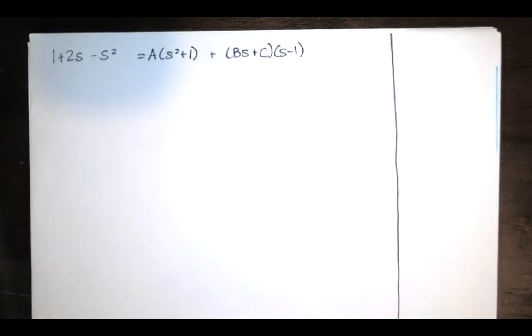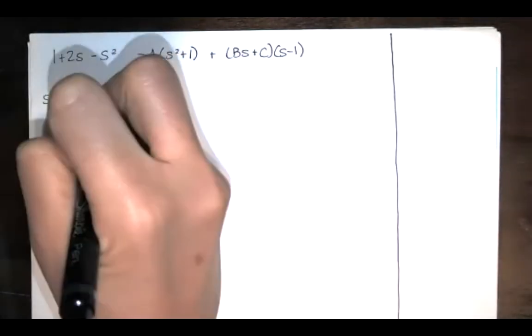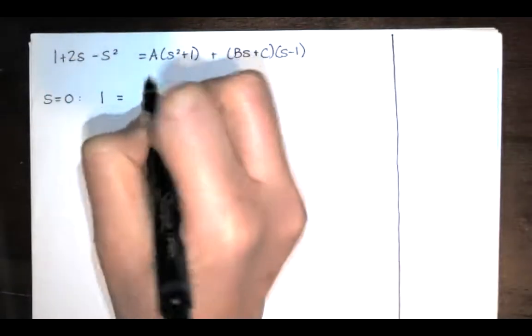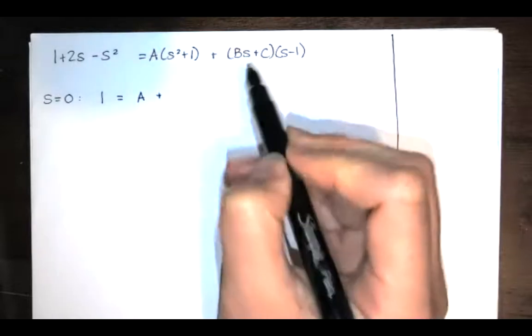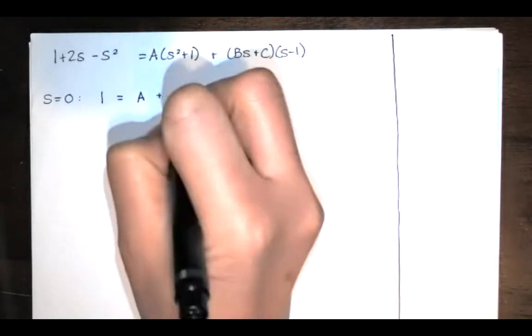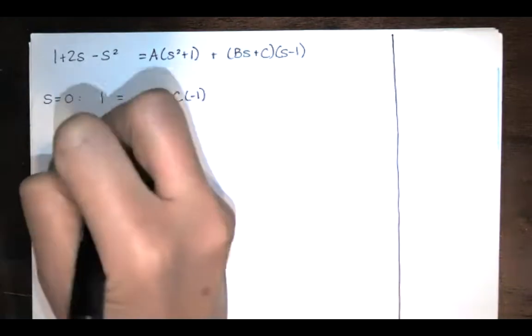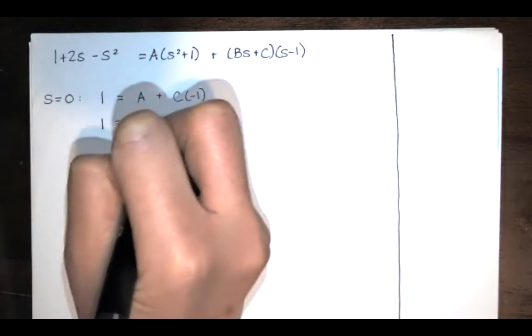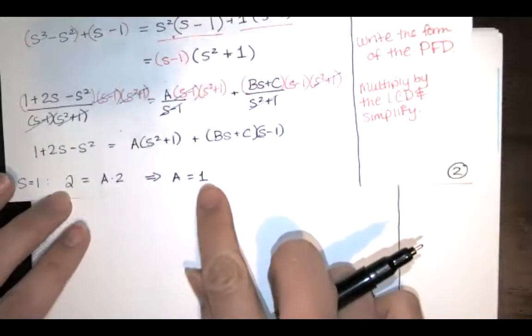Okay, and if we evaluate all of this at s equals 0, we've got a 1 on the left-hand side, and that will equal a times 1, which is just a, plus, if s is 0, we'll have b times 0 plus c, which is c, times 0 minus 1, which is -1. So this tells us that a minus c equals 1, but we already have a. We found a last time. A was equal to 1 here.